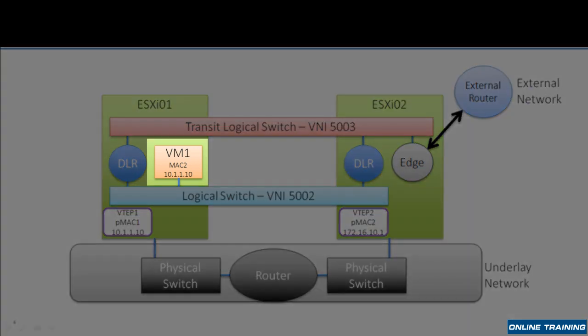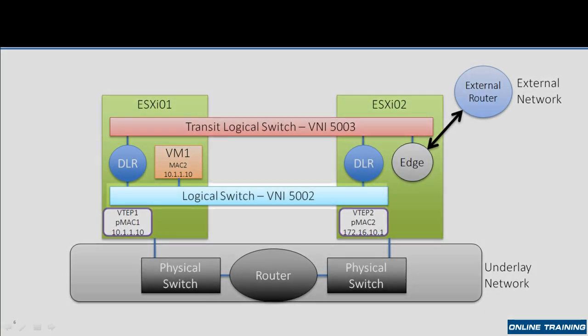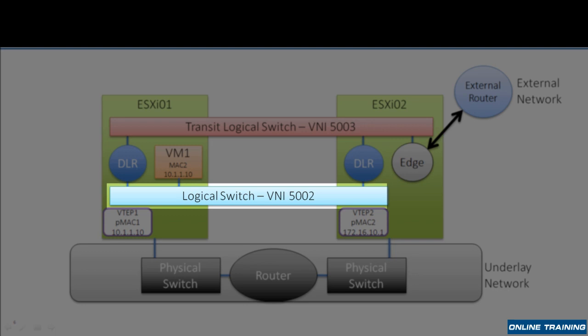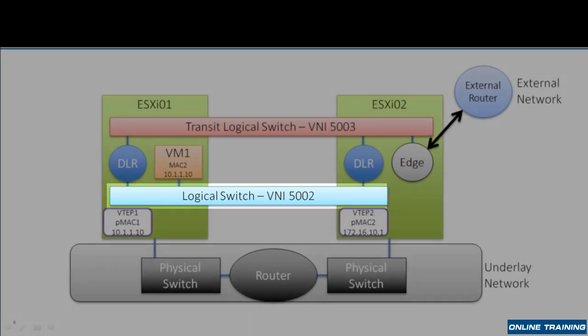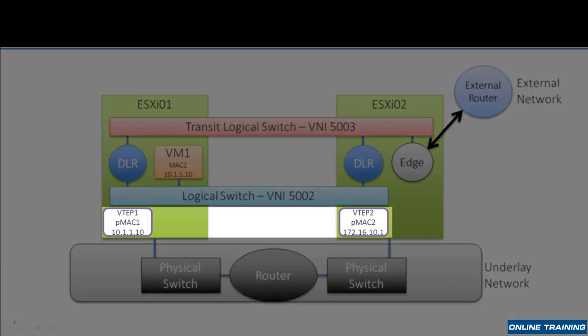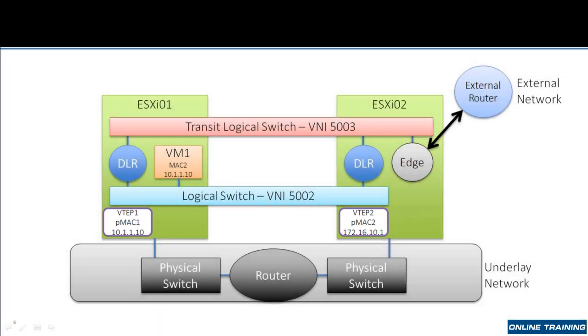So virtual machine 1 is connected to a logical switch. And here you can see logical switch VNI 5002. It's present on both of these hosts. We've got our little VTEPs creating these tunnels through the network. So it doesn't matter that I have a physical layer 3 network under the surface. Logical switches can overlay and can extend a layer 2 network across a layer 3 physical network.